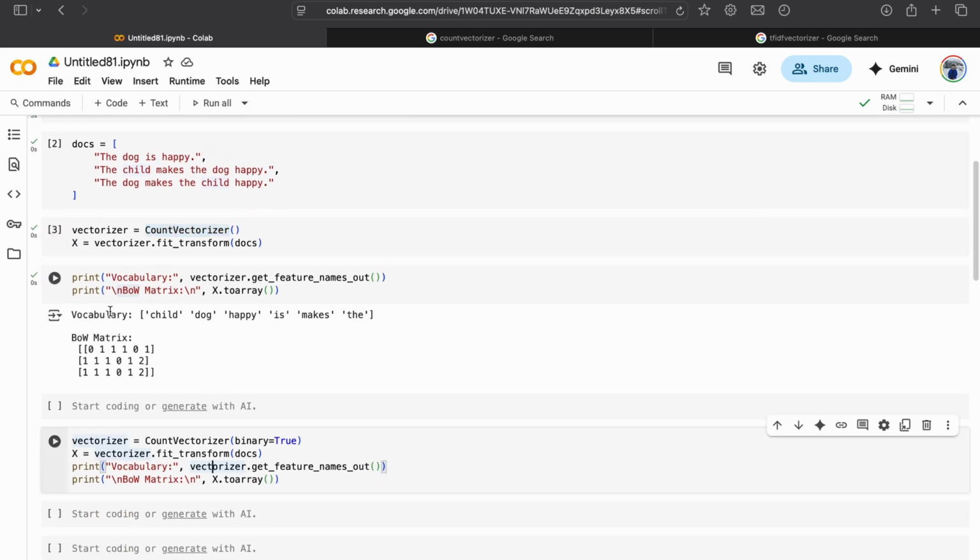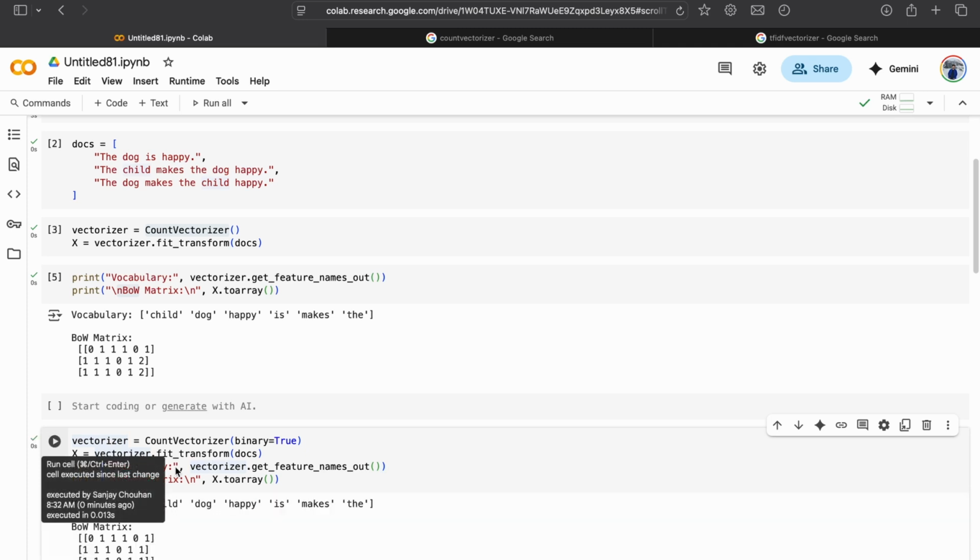So this is the count version of bag of words, and we also have the binary version. Basically, in the binary version, for 0 we have 0, and for anything greater than or equal to 1, we have 1. So it just checks if the word is present in the sentence or not, it doesn't count.